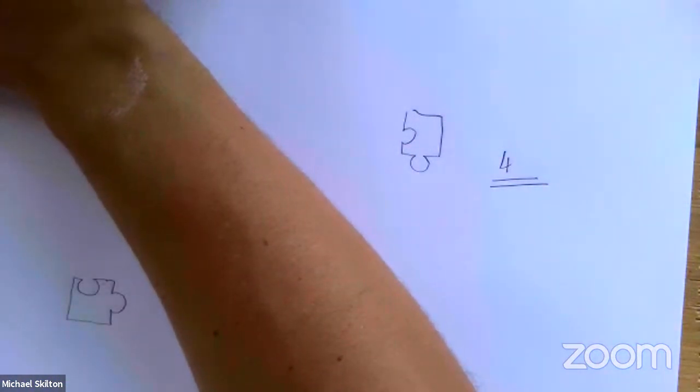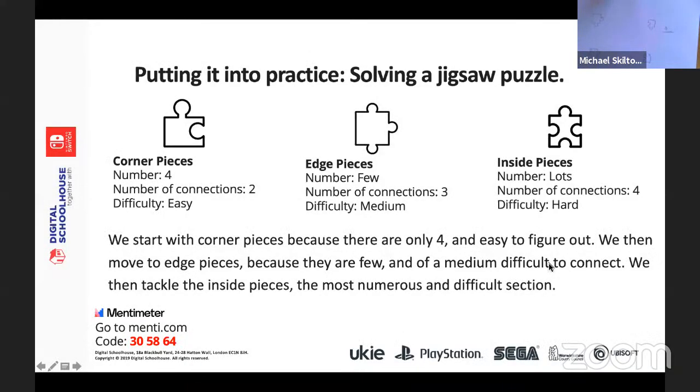Okay. So what is the next thing that we have to do? What's the next type of piece that we have to look at? Well, now we've got these corner pieces, we might want to start looking at the edge pieces. Now, why is it good to look at the edge pieces? Well, because there's a few of them. There's normally more than 4 edge pieces, guys, but there are still fewer edge pieces than there are central pieces.